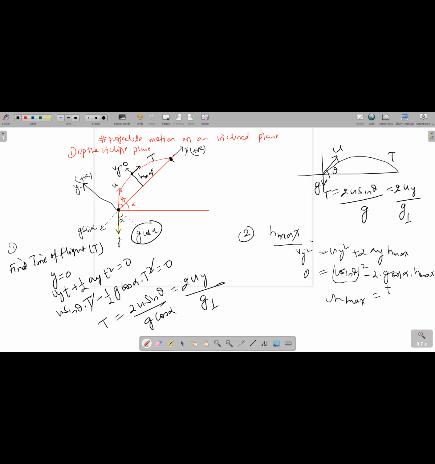So H max is u squared sin squared theta upon 2g cos alpha. In ground to ground projectile motion, we had H equal to u squared sin squared theta upon 2g. That was g perpendicular, and here it is g perpendicular again, but the value is different: g cos alpha. Note it down.